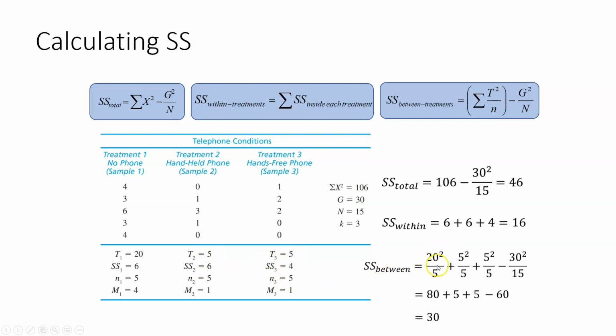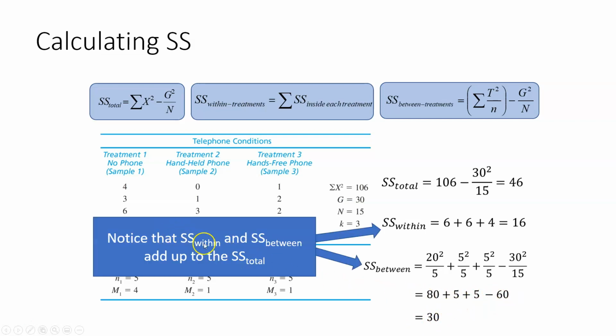So 20 squared over 5, 5 squared over 5, 5 squared over 5, add those up, and then finally subtract g squared over n, which is g here, 30 squared divided by 15, that n right there. So if you carry that through, you've got 80 plus 5 plus 5 minus 60, that equals 30.